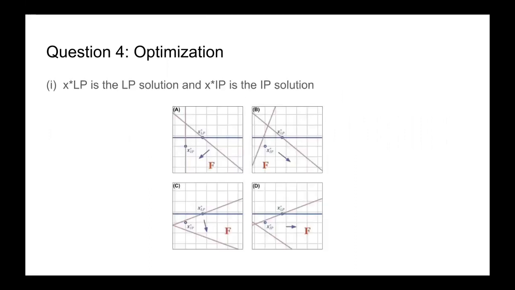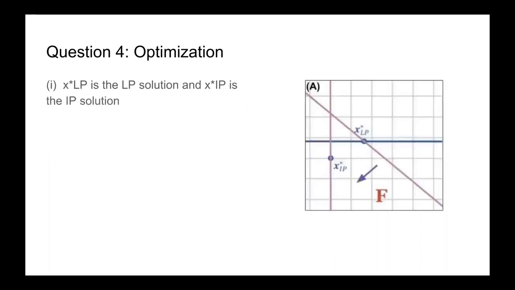So for this first part, we're given the information that X star LP is the LP solution and X star IP is the IP solution. For this first graph, A, we see that the cost vector is pointing towards the left and down.